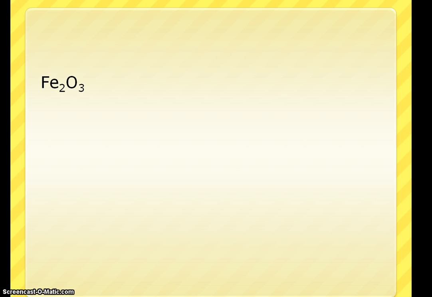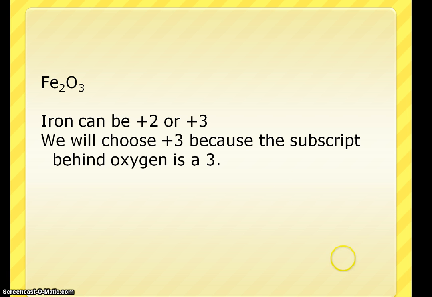Okay? Well, iron has multiple charges, so it can make different kinds of compounds with oxygen. So here's another example of iron and oxygen bonded together. Iron still has the same options, +2 and +3. But if you notice, there's a 3 back here behind the oxygen, and that 3 got there by crossing the charges.